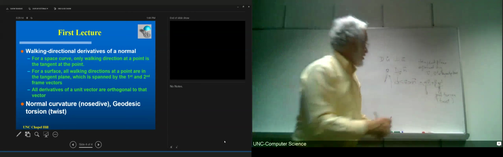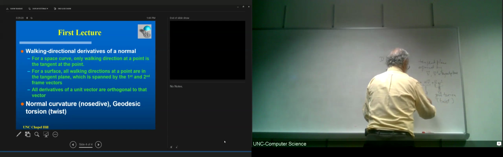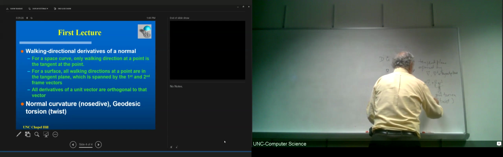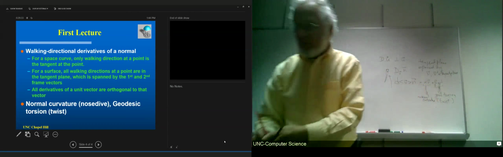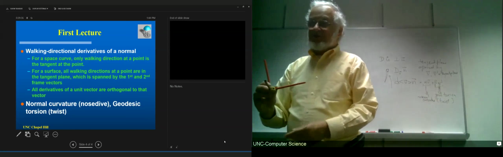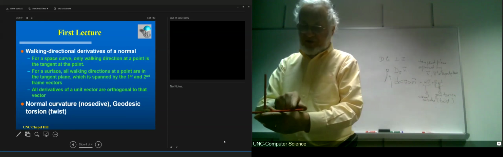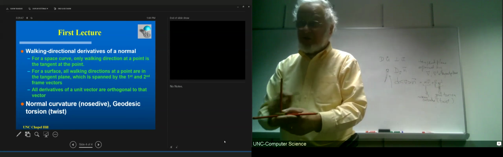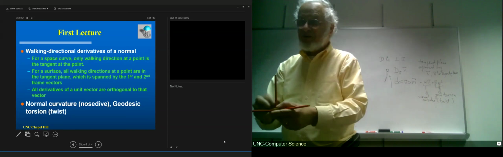So, regarding geodesic torsion, do we have a positive geodesic torsion and negative geodesic torsion? Yes, and it has to do with the right-handed coordinate system. So if this is the walking direction, this one is 90 degrees from it in such a way that its cross product is the normal.